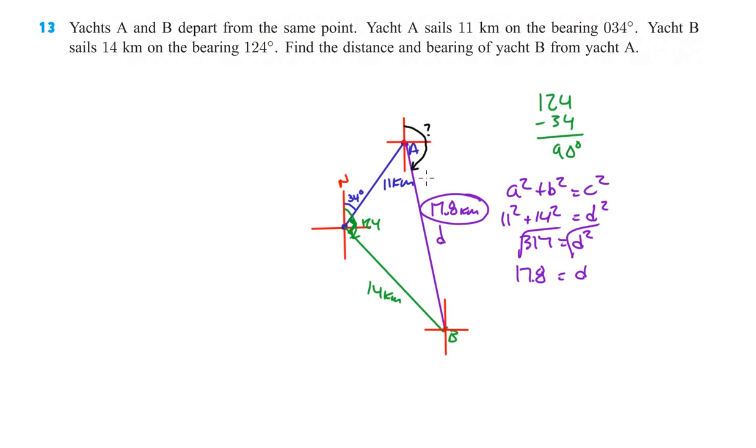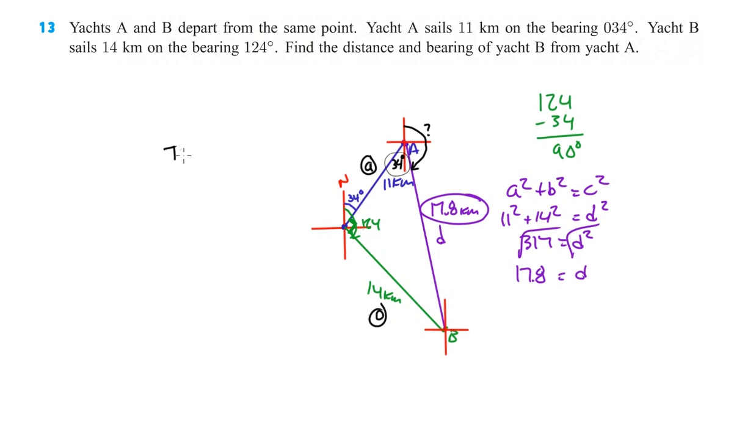Okay. So what we've got to do is start piecing together and figuring out what all these angles are. So if this is 34, this has to be 34, right? And then, hey, look, we could find this whole angle right here because we have a right triangle and we've got two sides. So from this angle right here, let's use the two sides they gave us, opposite and adjacent.